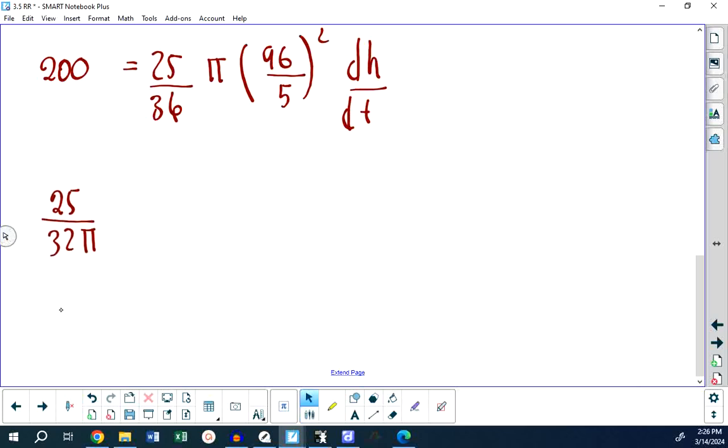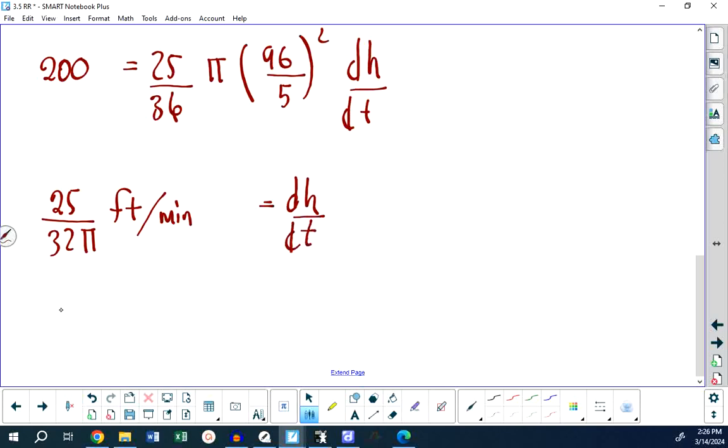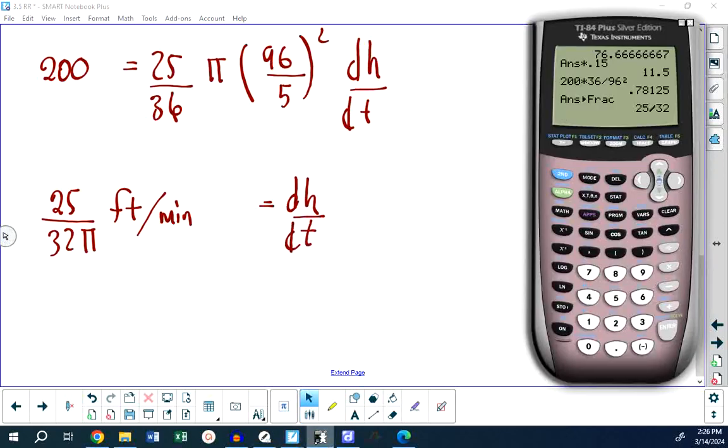Oops. This is a change in the height, so this is feet per, was it 200? It couldn't have been 200 cubic feet per minute, was it? Wow, that's really coming out quick. And that's dH/dt, and if we want to find out what it is as a numerical decimal approximation, then we can figure it out.